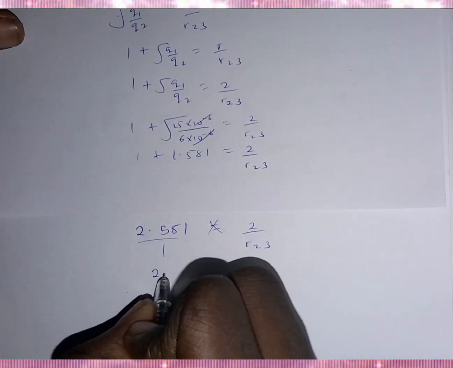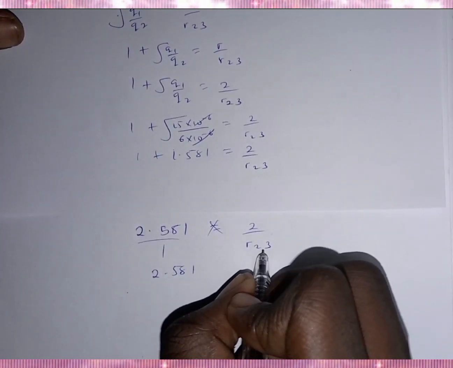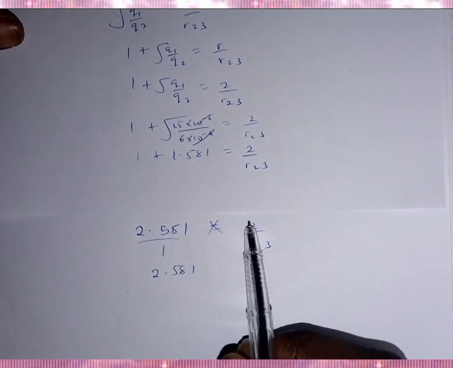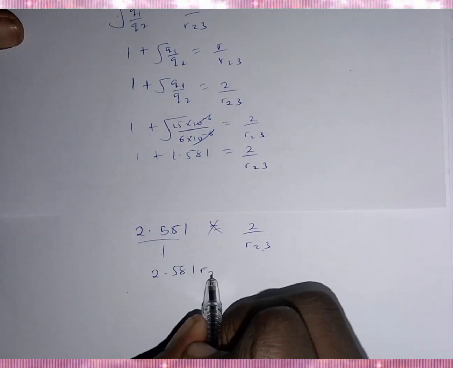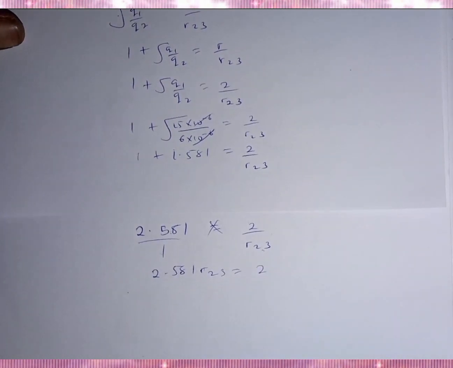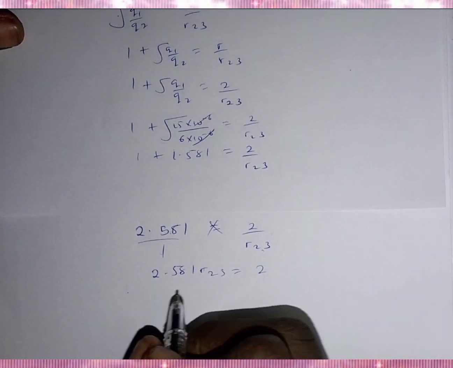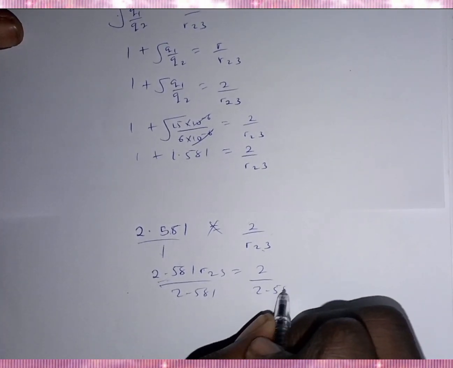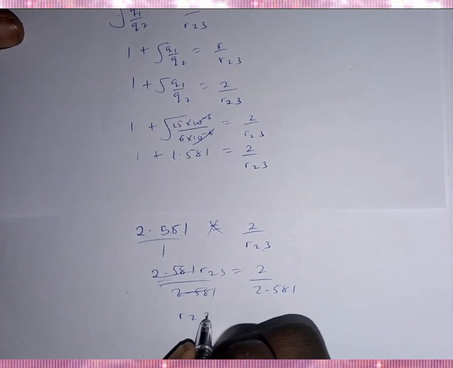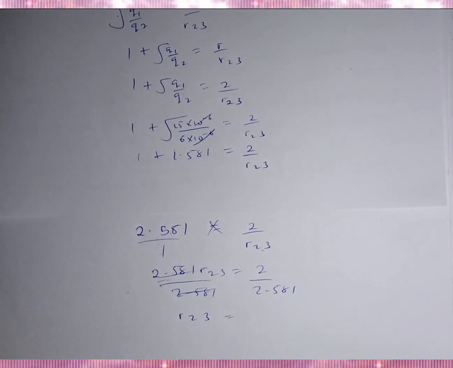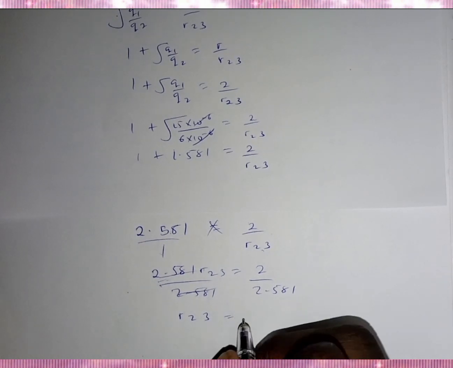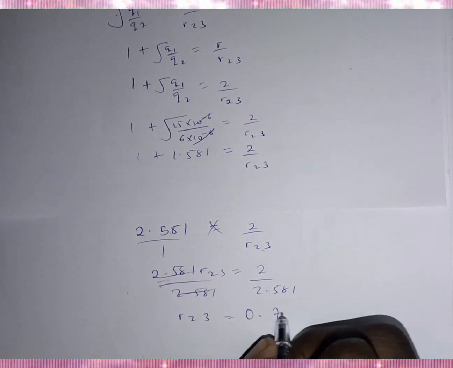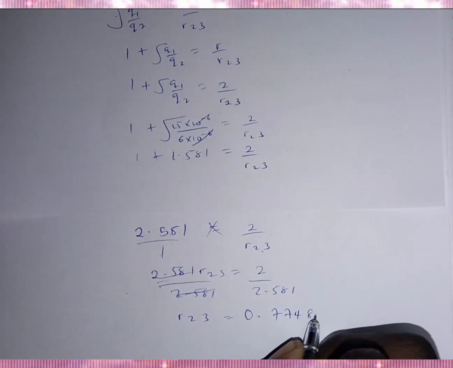To cross multiply, we have 2.581 multiplying R23, and 2 times 1 is 2. So R23 times 2.581 equals 2. Now divide both sides by this value, 2.581 divided by 2.581. So therefore R23 equals 2 divided by 2.581. So therefore R23 is 0.7748 meter.